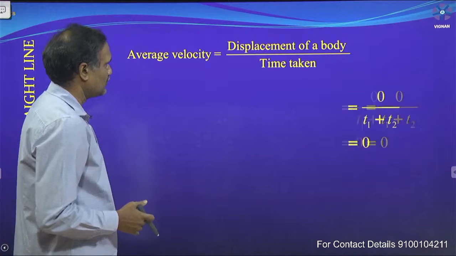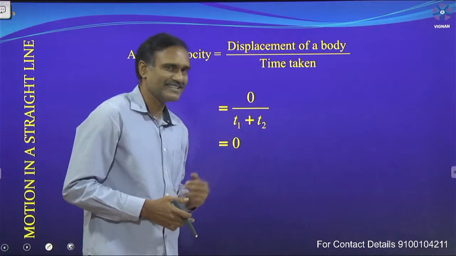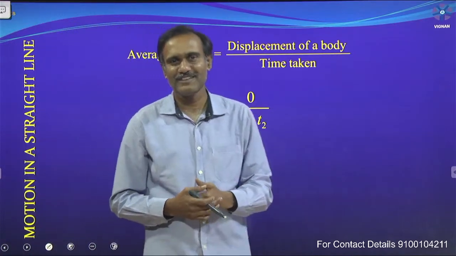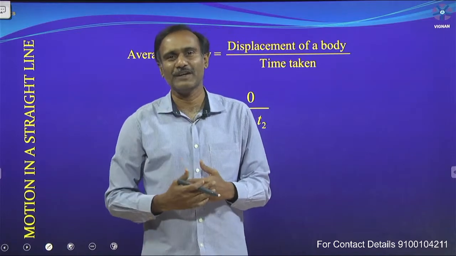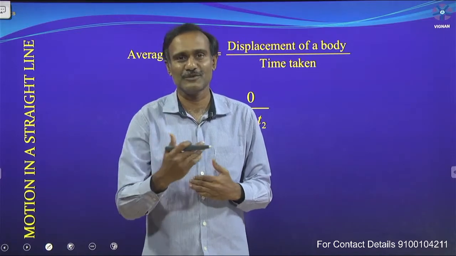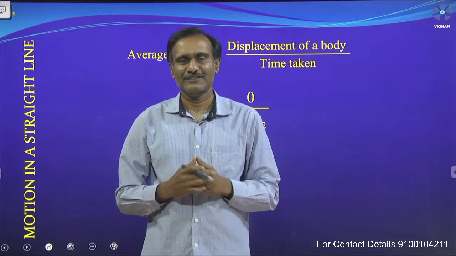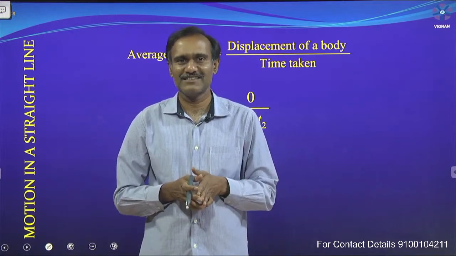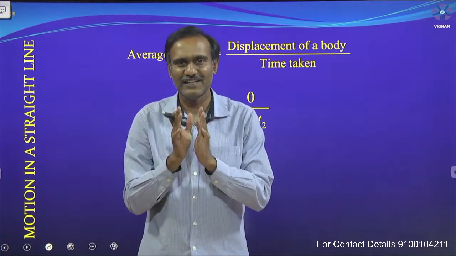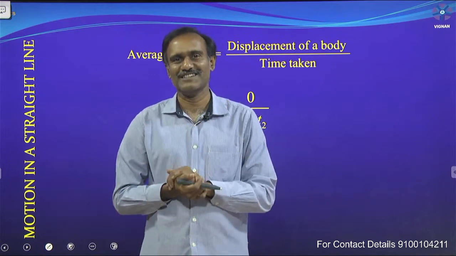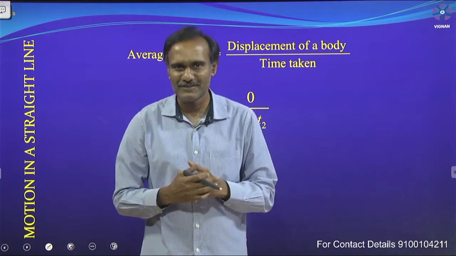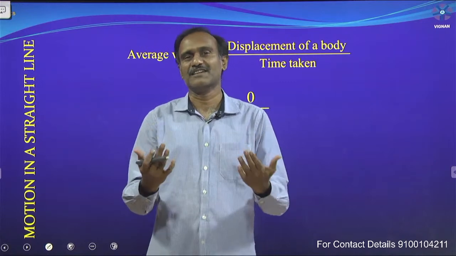Displacement is nothing but 0. Why is it 0? Because its final position coincides with its initial position. So displacement is final position minus initial position, which is 0, so average velocity is equal to 0.